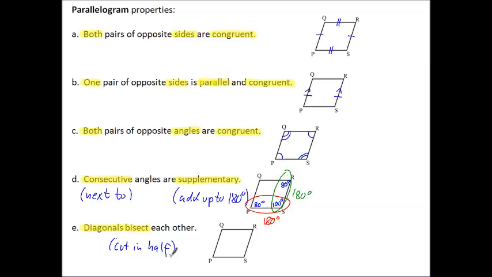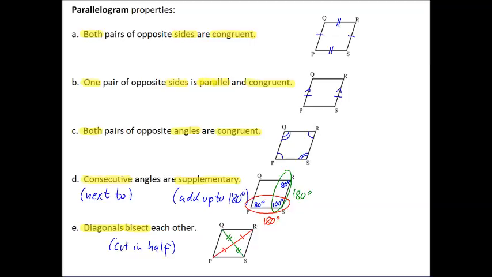So the way those two diagonals go, let's mark them in here, the diagonal from P to R and the diagonal from Q to S. Where they meet, they have to cut each other into two congruent pieces. PR is cut into two congruent pieces, and QS is also cut into two congruent pieces.